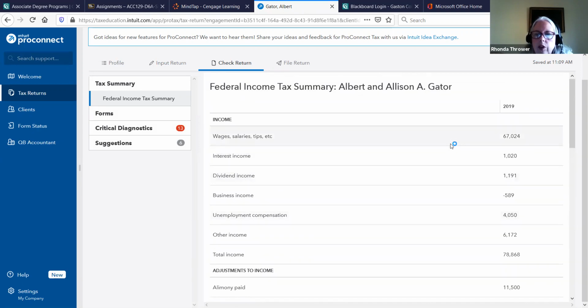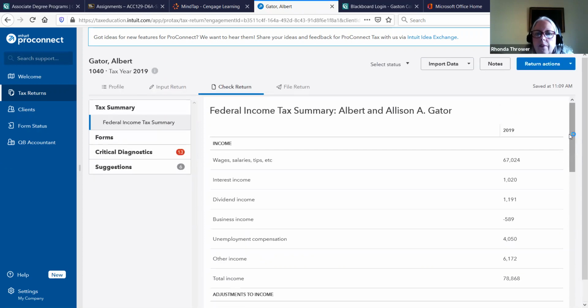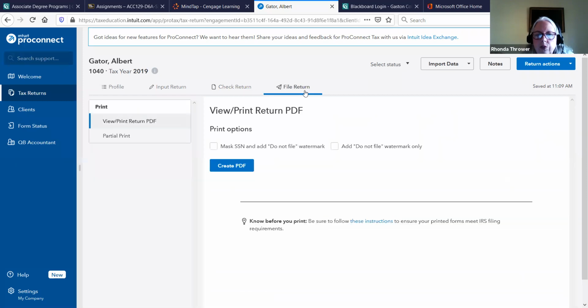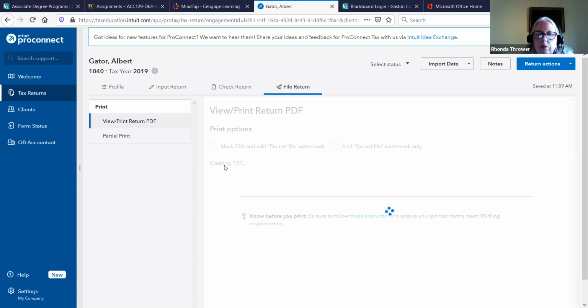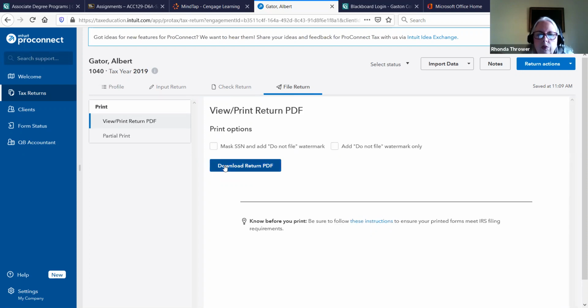But a lot of this was from chapters 1 and 2. Now we got 3 combined with it. So I would go ahead where it says file return, and I would create a PDF. And I would download the return.